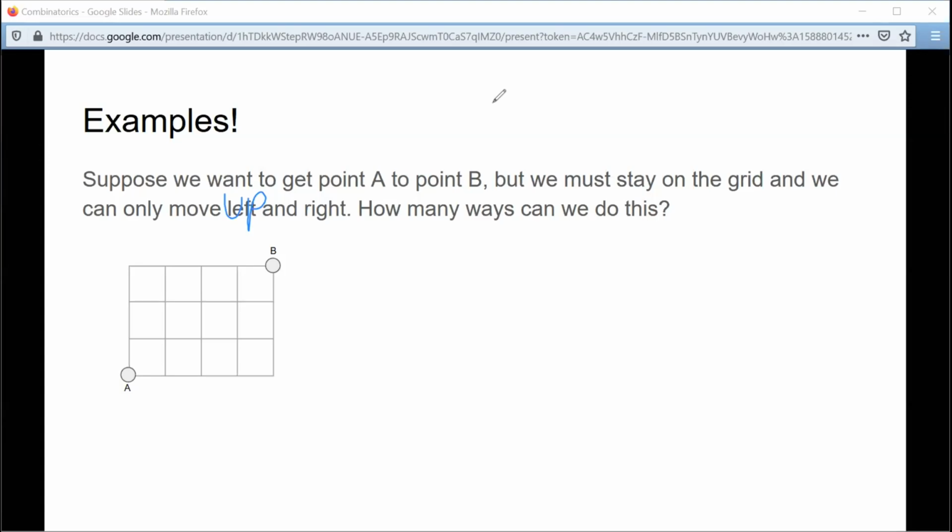For example, one possible path would be moving up 3 steps and then moving to the right 4 steps. Another way would be moving right 2 steps, moving up 2 steps, moving right 2 steps, and moving up 1 step. And another way would be moving right 3 steps, moving up 1 step, moving right 1 step, and moving up 2 steps.